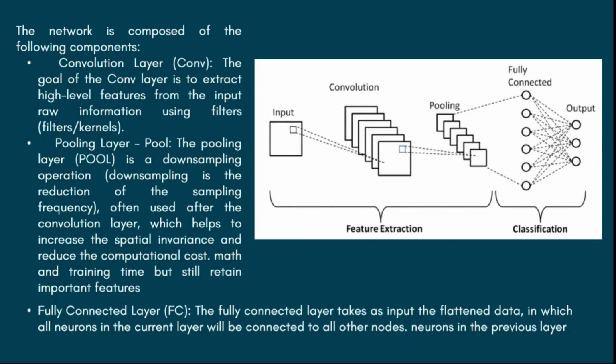The first layer is the convolution layer. The goal of the convolution layer is to extract high-level features from the raw input information using a filter or kernel. A CNN is not limited to just one convolution layer.